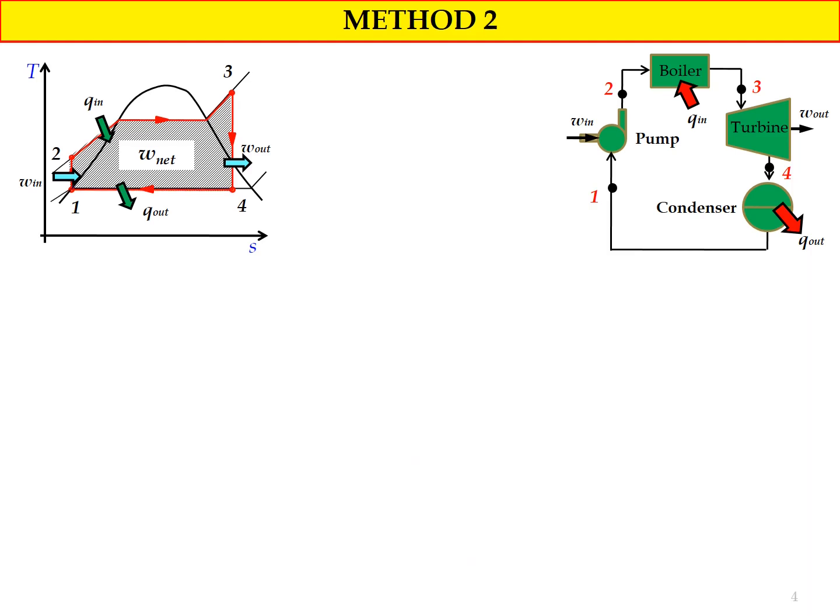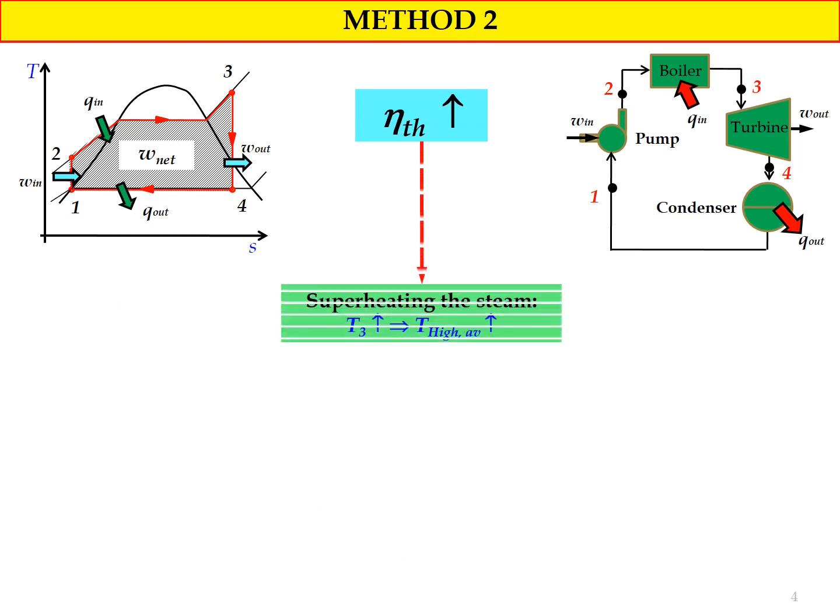Okay, method number 2. In order to increase the Rankine cycle efficiency, we can superheat the steam in the boiler, where our focus is to increase the temperature T3, the temperature at the outlet of the boiler and also at the inlet of the turbine.